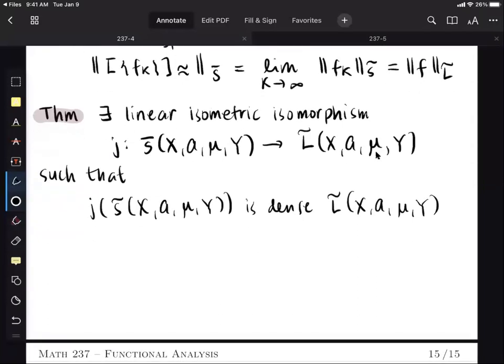So that's the summary of what we have discussed.